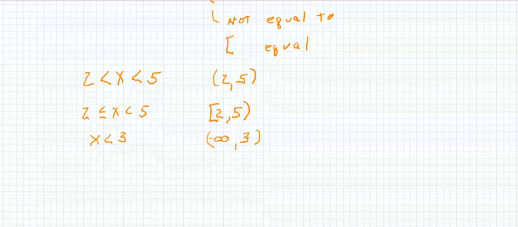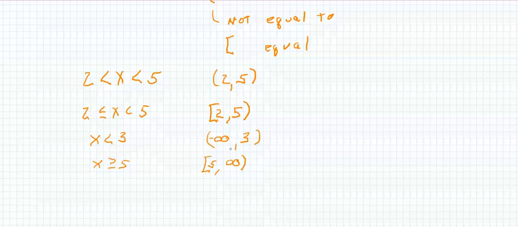It goes from negative infinity, it's not really a number, so we don't use the bracket, all the way up to 3, but not including 3. If I said x is greater than or equal to 5, it would be [5, positive infinity), and then we would use the parenthesis.